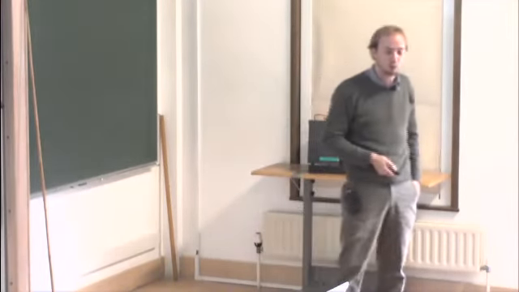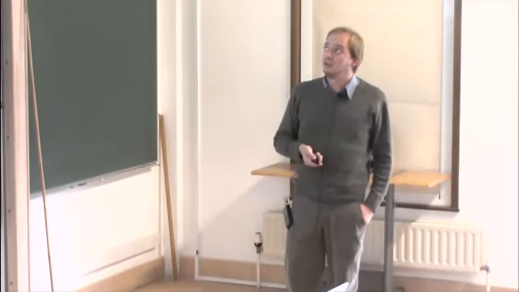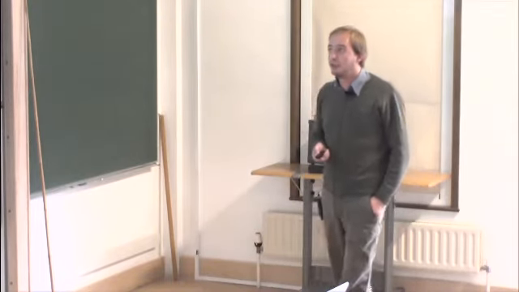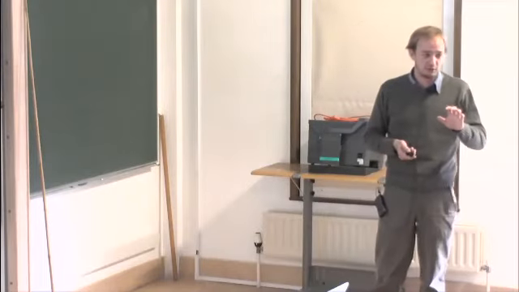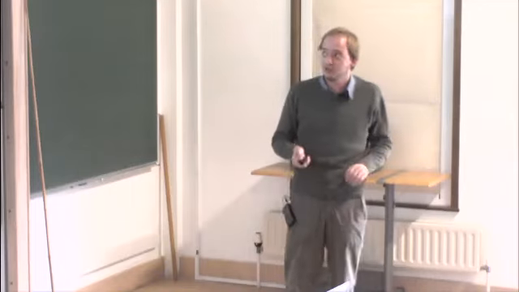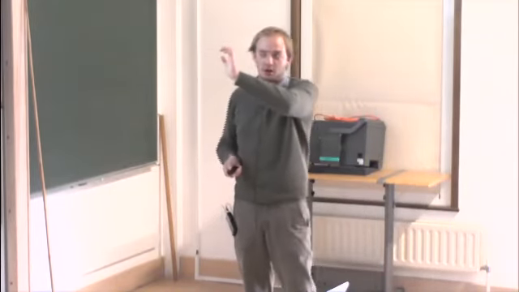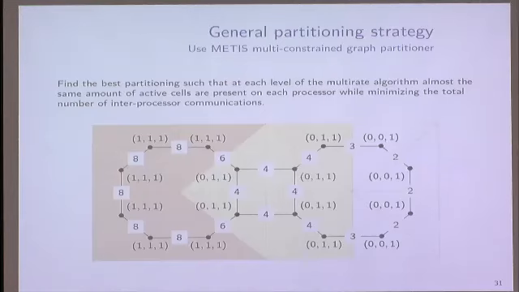So in practice, we use the METIS multi-constraint graph partitioner, and we assign vectors of constraints that correspond to the amount of different multirate loads that we have. We say, will an element be active at one moment of the algorithm, and then we put 1 or 0 if it is active or not at one moment of the algorithm.